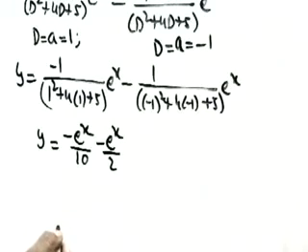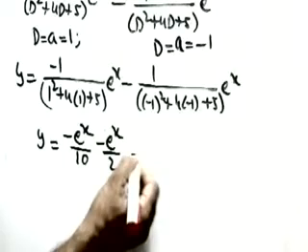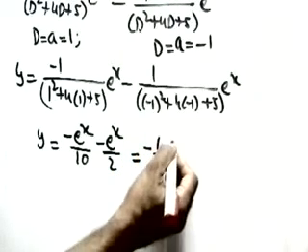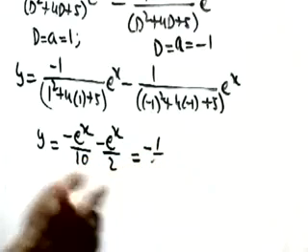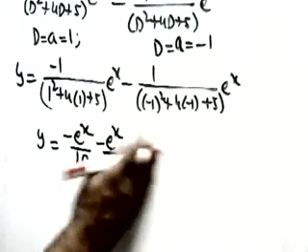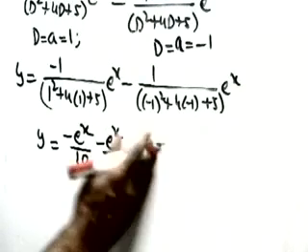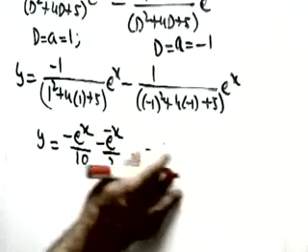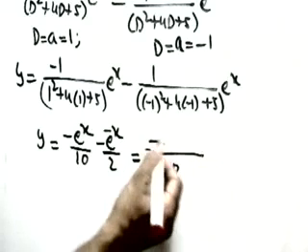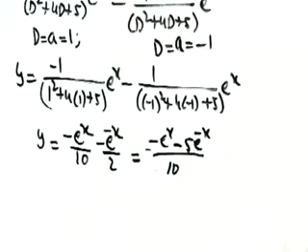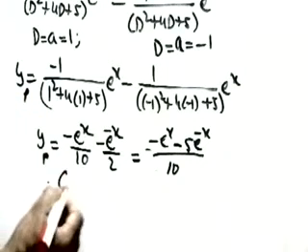Watch carefully: if you take LCM, which is 10, this will be minus of e power x plus 5 e power minus x by 10. Now we got this, yp, the particular integral.